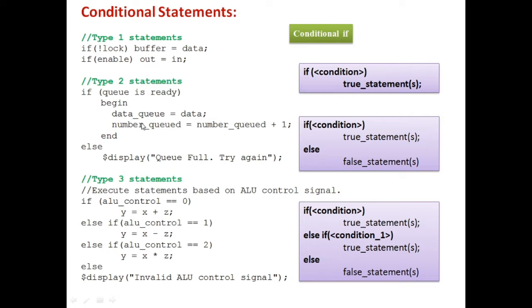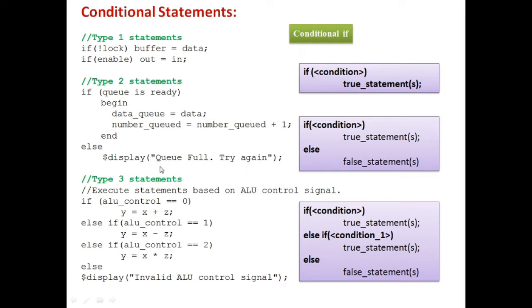Once the queue is full with its content, that means the queue is no more ready to accept any data, so the true statement will never be executed. Else, that means the false statement gets executed here, that is dollar display queue full, try again.